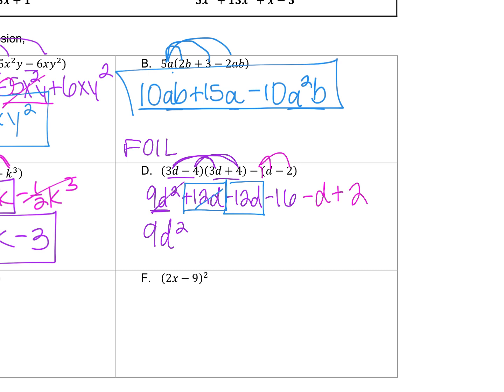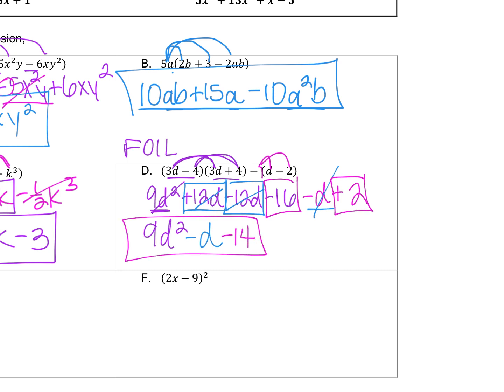Those are going to cancel out, but I also have a minus d, so I need to bring that down. Then I have a negative 16 plus 2, which equals a negative 14. So there's my final answer.